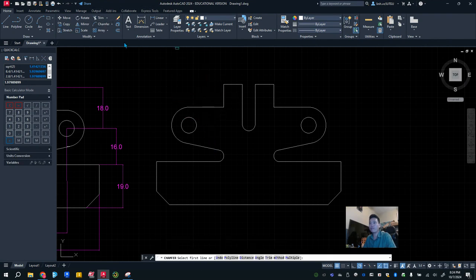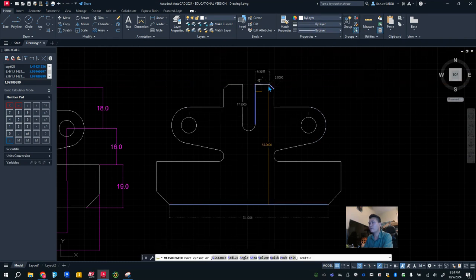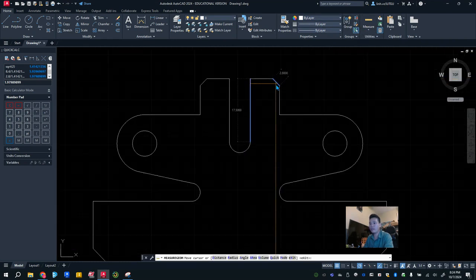Chamfer, click my first line, put in my distance, hit enter, put in my distance for the second line, hit enter, and then click that one. Now I'm done with that. I'll hit enter, and that will recall my chamfer, so I don't have to do it twice. You can also do a quick measurement to see that it's 2.8 right there.